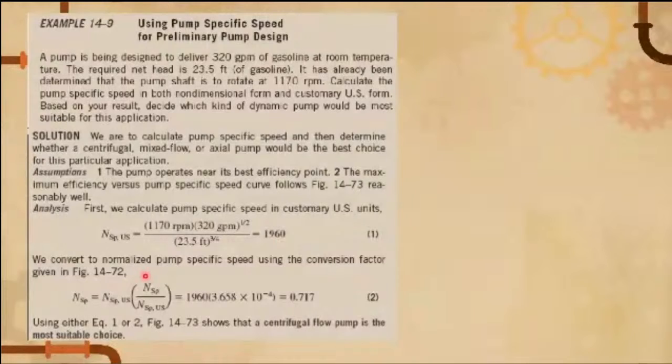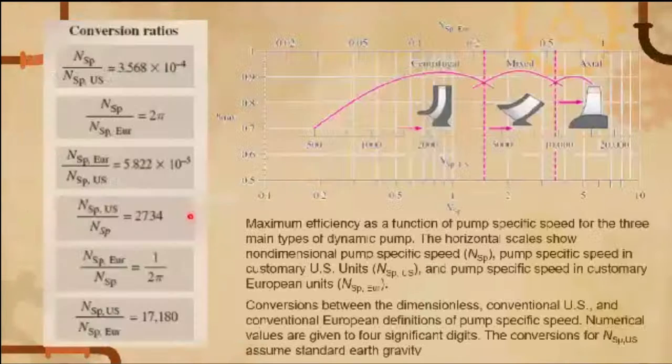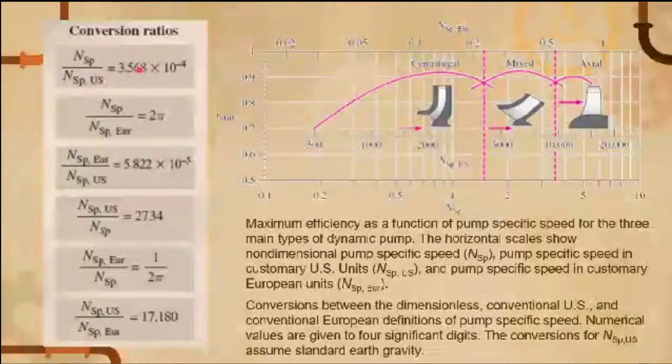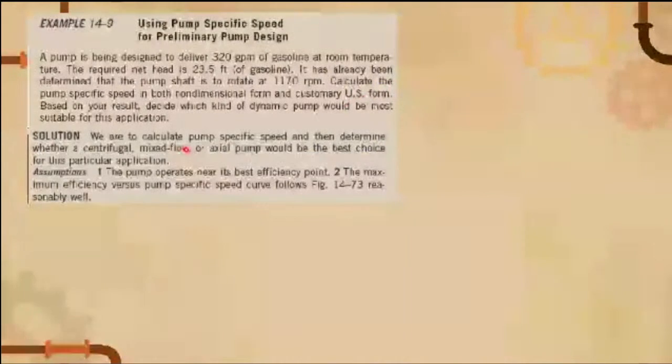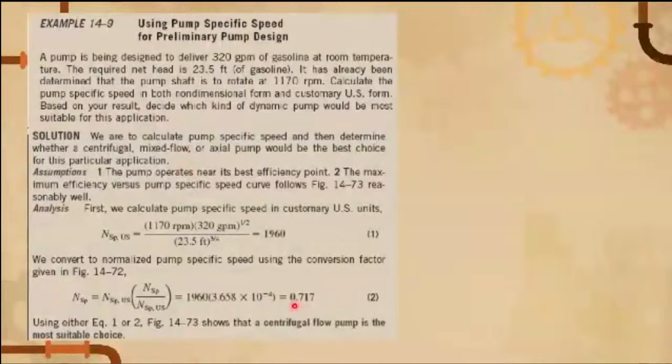If you want to convert to the normalized specific speed, you do the conversion using the equation here, or using the ratio given. Then you will find the specific speed is 0.717.